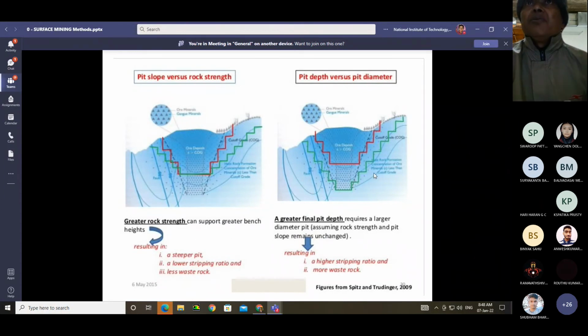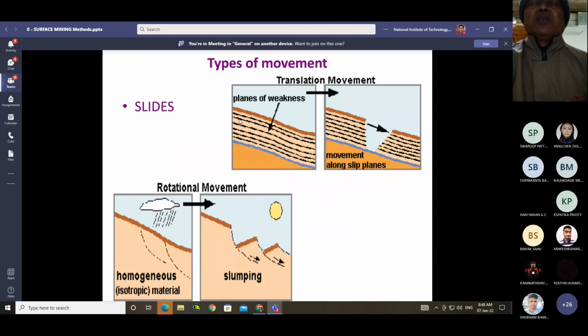In the case of a greater final pit depth, it requires a larger diameter pit, assuming rock strength and pit slope remain unchanged, which will result in a higher stripping ratio and more waste rock. So these are the types of movements, rock slides that take place. Translation movement: planes of weakness are there, and movement along slip planes takes place.